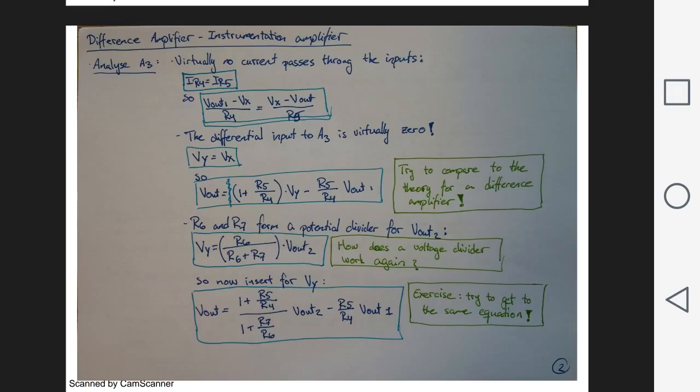The potential at node Y is the ratio between R6 and the sum of R6 and R7 times the output of A2. With this we can replace Vi in the equation for the output voltage and end up with this equation. You should try and see if you can come to the same conclusion.